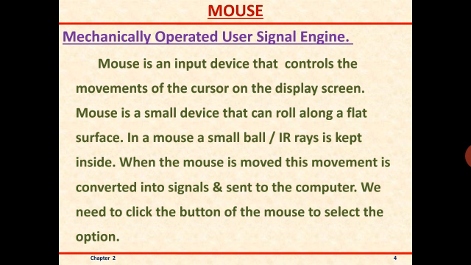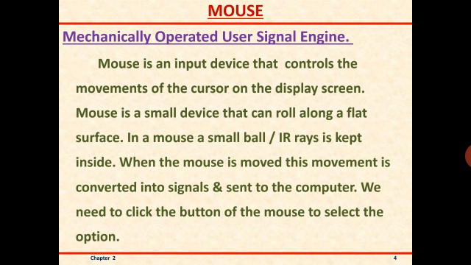So actually this mouse, it will roll on a flat surface. You might have observed that below the mouse we keep a flat surface. On that we keep our mouse. Why? Because inside the mouse there is either a rubber ball or IR rays kept.